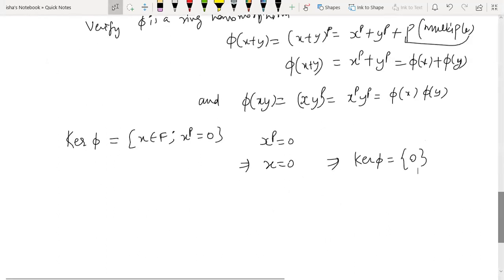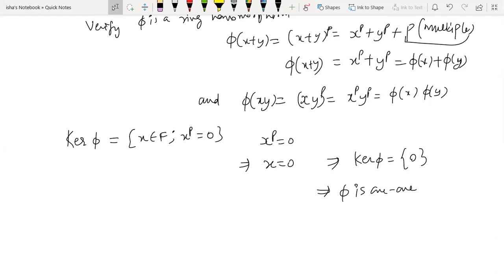Whenever the kernel of phi just contains the zero element, this implies what? Phi is one-one. Everybody knows this. This we have done in the chapter on ring homomorphism. So if the kernel of phi is just the zero element, phi is one-one. It implies phi is an isomorphism. Onto we don't need to prove, because the map you have defined is from F to F, and F is finite, right?